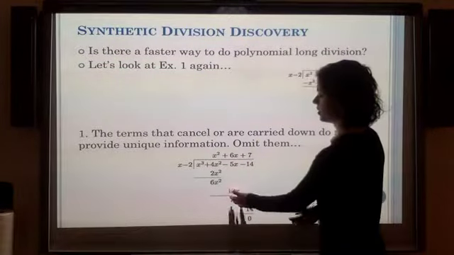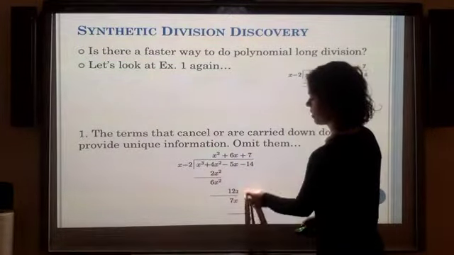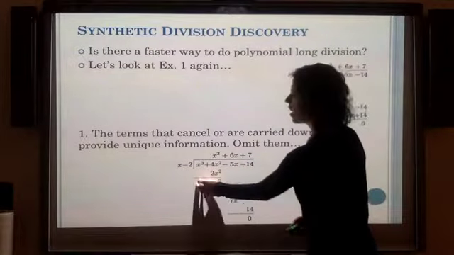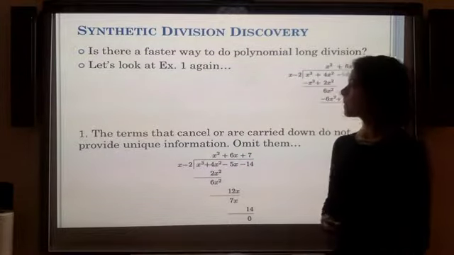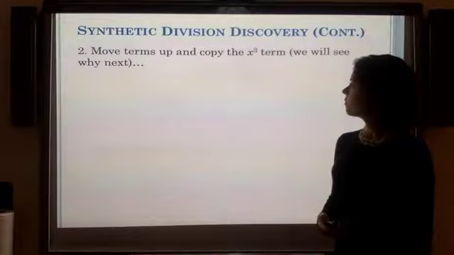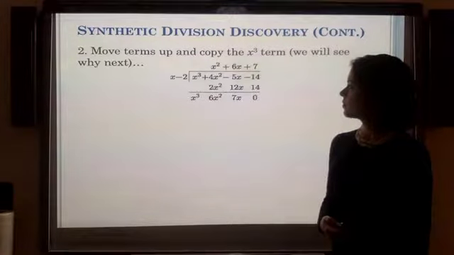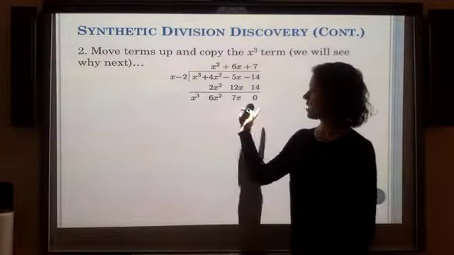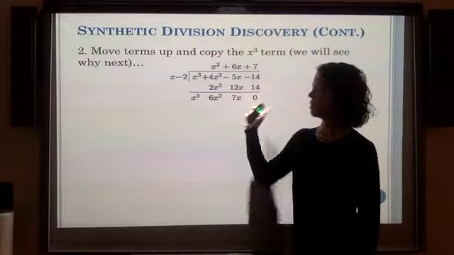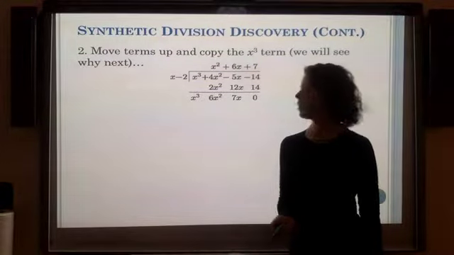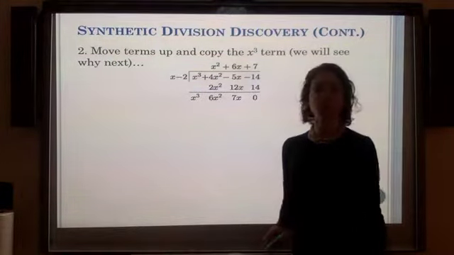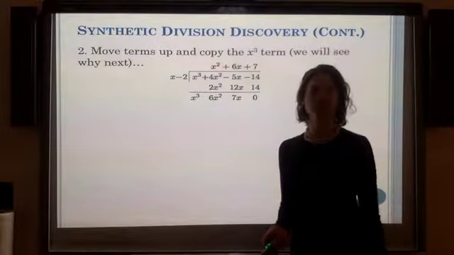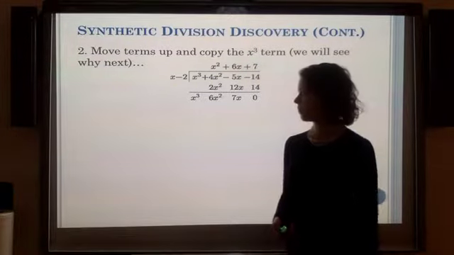Next thing I'm going to do is slide this part up, and copy an x cubed. If we do that, we end up with this. So basically this simplifies the long division and just shows you all the important parts. Nothing that just canceled and nothing that was brought down.